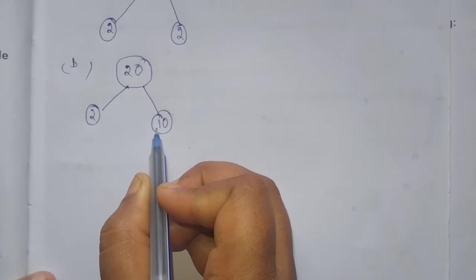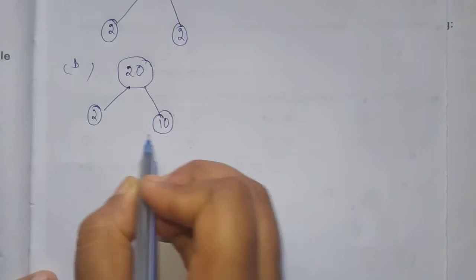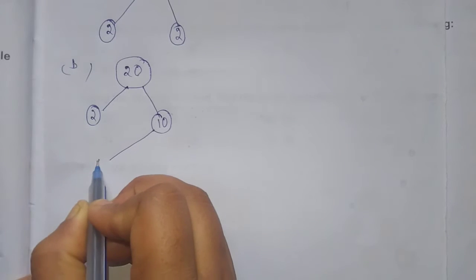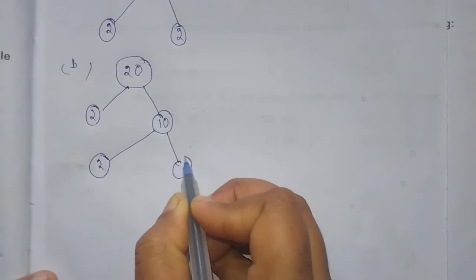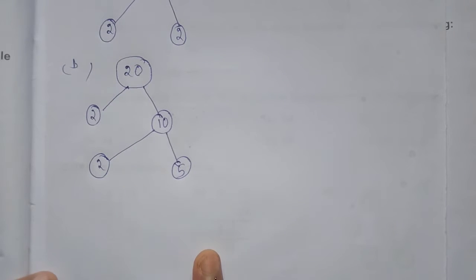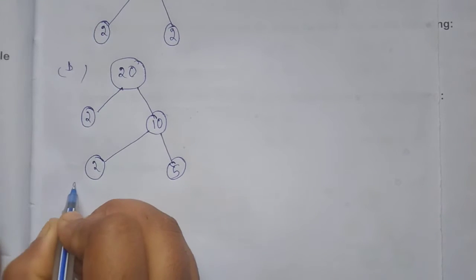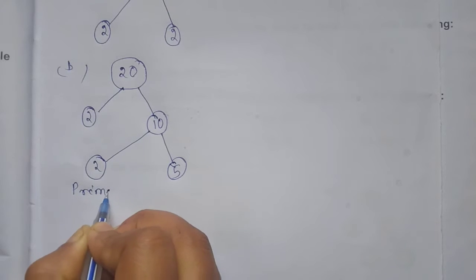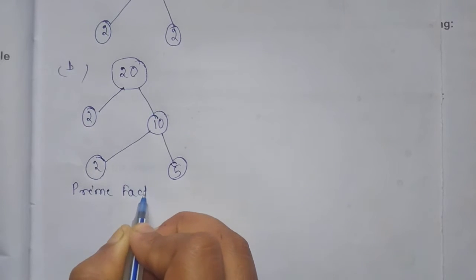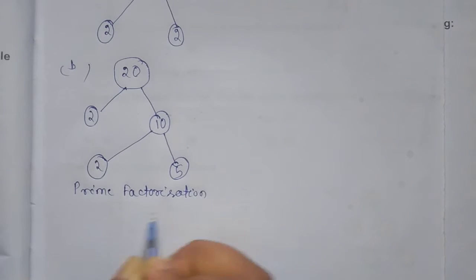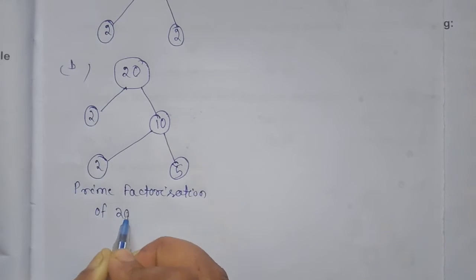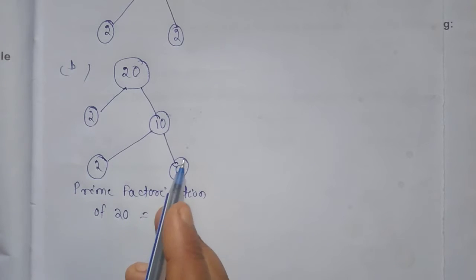We can again break 10 into two prime factors, 2 times 5 is 10. So prime factorization of 20 equals 2 into 2 into 5.